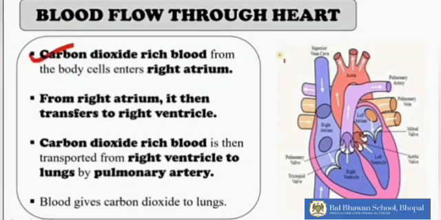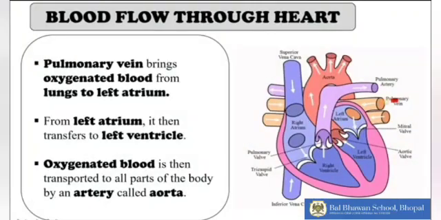Alright? Now, we are going to discuss about the oxygenated blood, or I can say pure blood, or I can say, yes, what can I say? I can say as the blood that is rich in oxygen. Alright, so all this process will be taking place on the left side of your heart. So, from where is this oxygenated blood coming? It is coming from the lungs. So from the lungs, who will bring it to the heart? It is the pulmonary vein. So first of all, where it will reach?